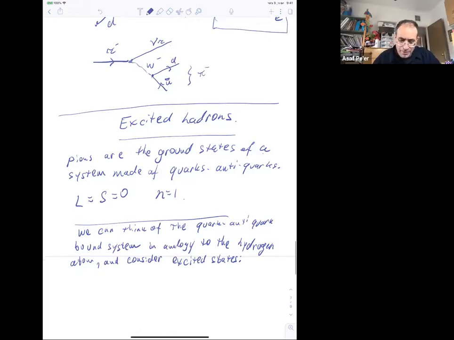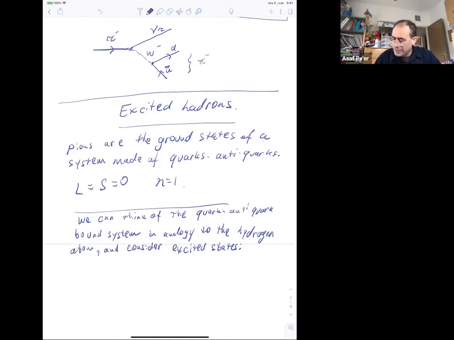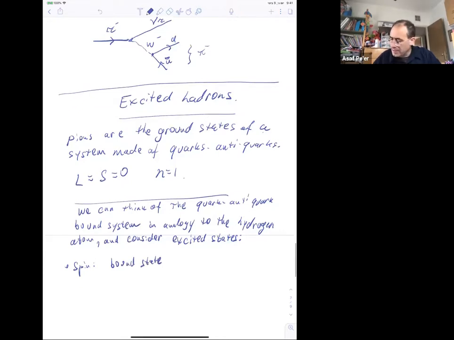Right. So for example, we can have a higher spin, right? So we can consider a bound state of, let's say, the up and anti-down quark, just like a positively charged pion.